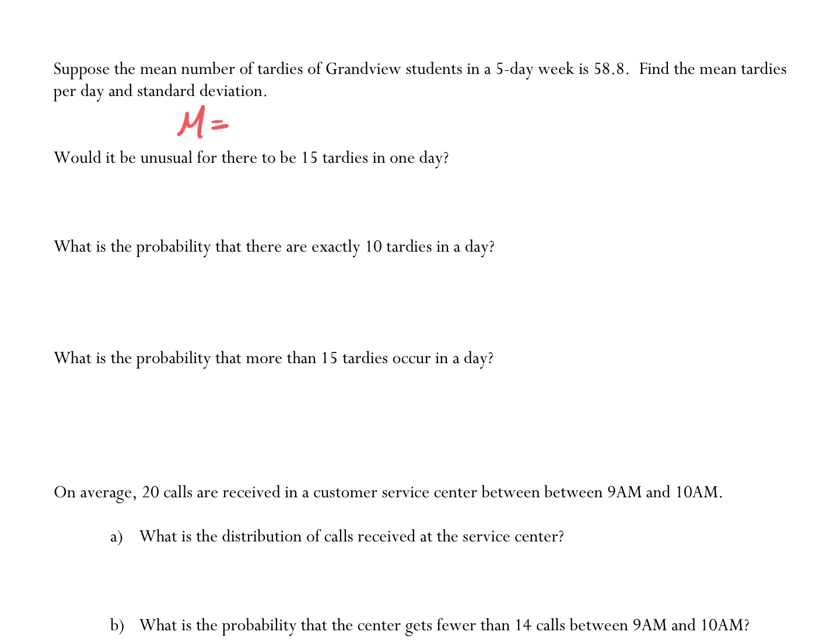For the mean, we would take that 58.8 and divide by 5. I believe it works out to be about 11.76. For the standard deviation, all we have to do is the square root of that 11.76 for this distribution.